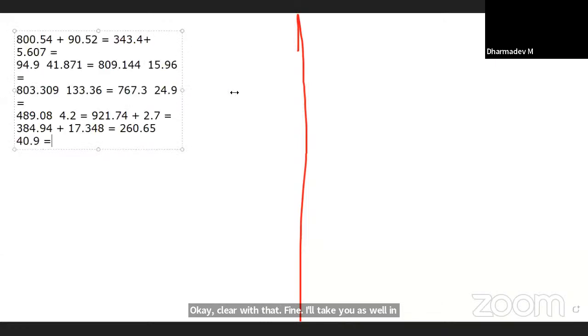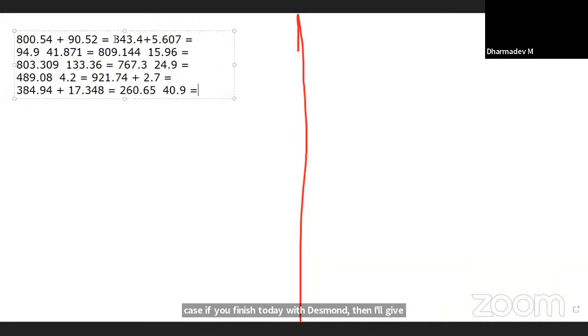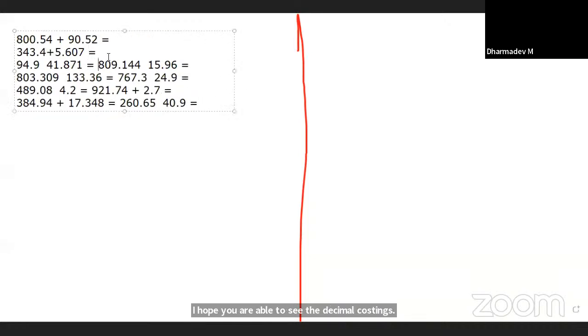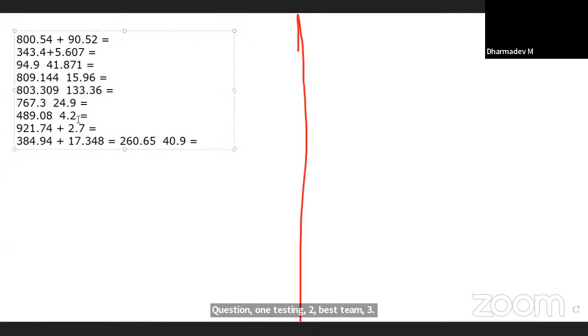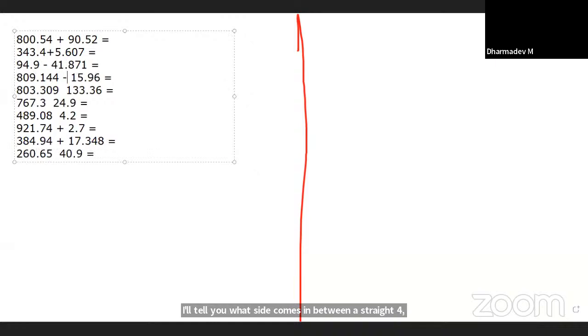I hope you're able to see the decimal questions. Question 1, question 2, question 3. I'll tell you what sign comes in between. Question 4, question 5, and 6. So quickly, I want you to add and subtract with the given questions.